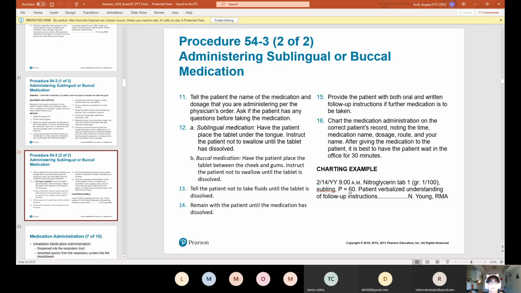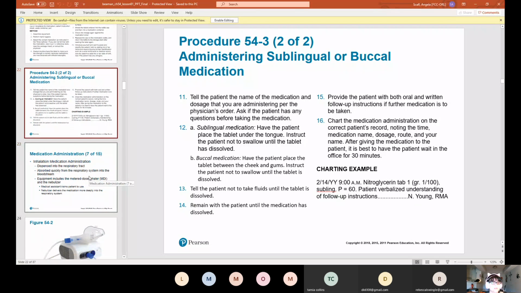And one of the effects that it has is it actually should have a blood pressure and a pulse because it can decrease both. So I would have done a full set of vitals and documented that there, and then made sure that the patient understood, like she did, and then put their initials and signature, or however the doctor has you do it.